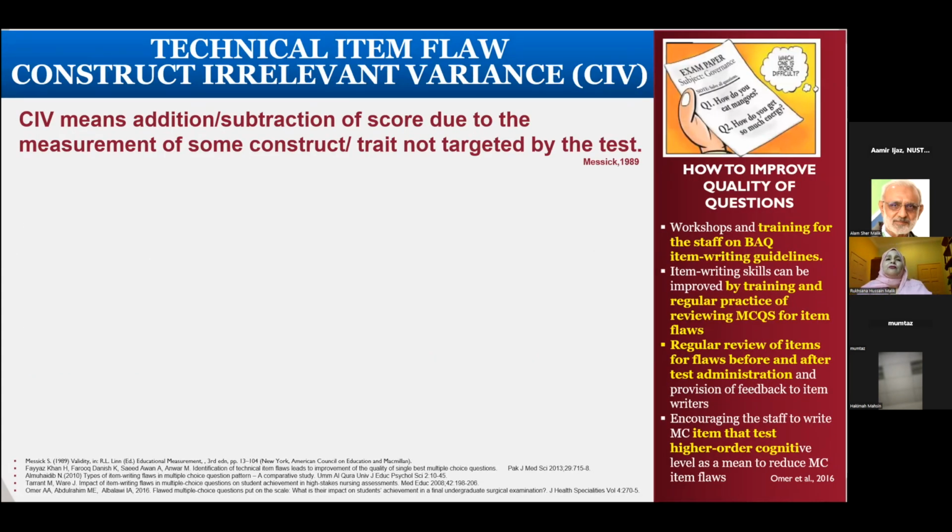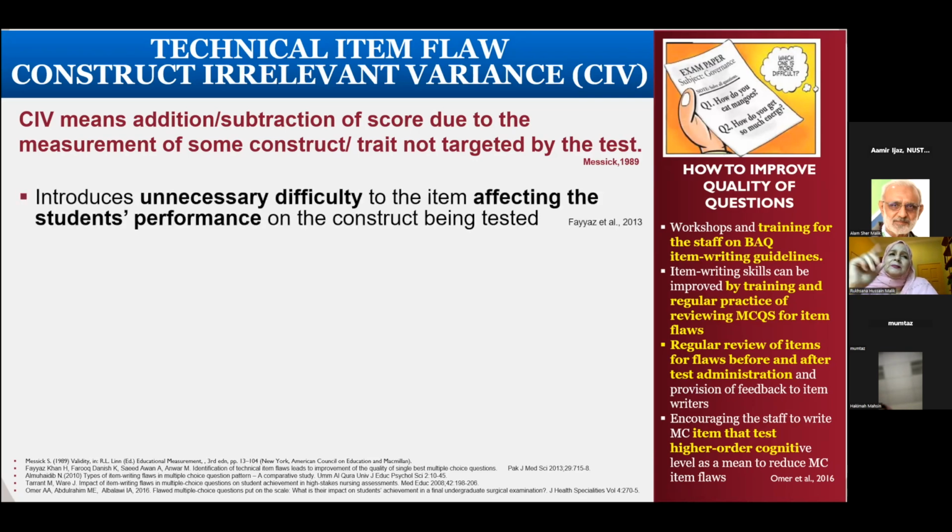Okay. So the flaws of these questions are identified under 2 main headings. One is called construct-irrelevant variance. Construct-irrelevant variance means addition or subtraction of score due to the measurement of some construct or trait which is not targeted by the test. The test is not asking those questions, but the question is constructed in such a way that it will give more marks to the student, or it will give fewer marks to the student.